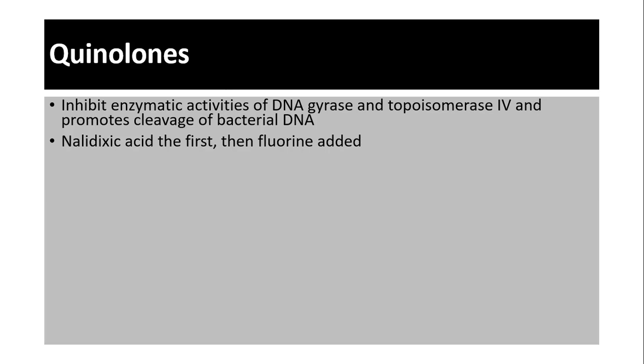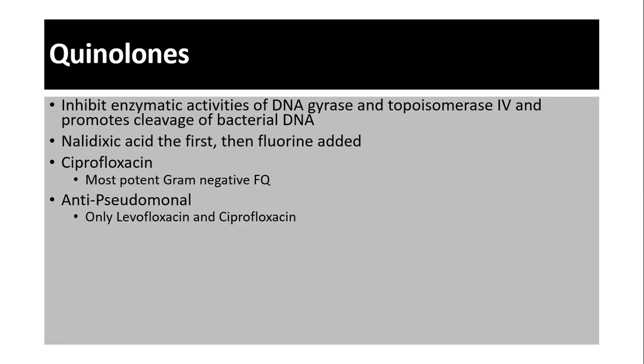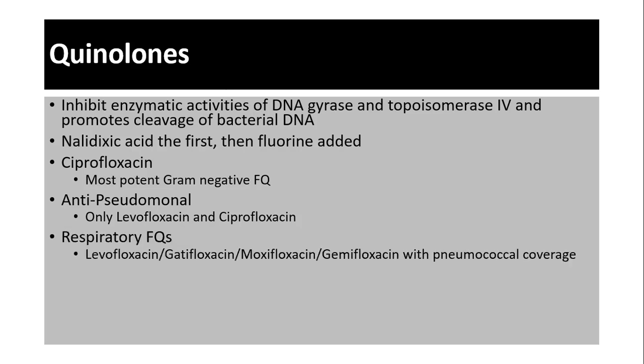Nalidixic acid is the first quinolone, and then fluorine was added to form ciprofloxacin, which has more potent gram-negative coverage. Anti-pseudomonal quinolones include levofloxacin and ciprofloxacin. So if you are looking at Pseudomonas, prescribe either Cipro or levofloxacin.